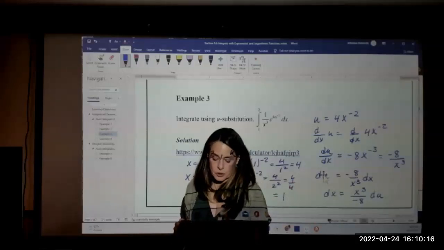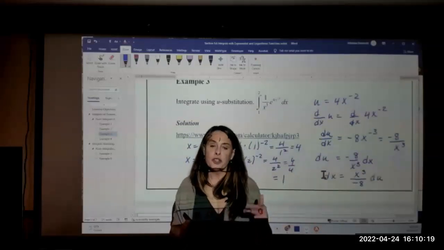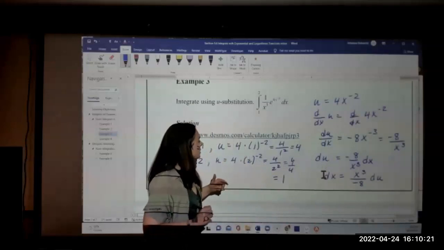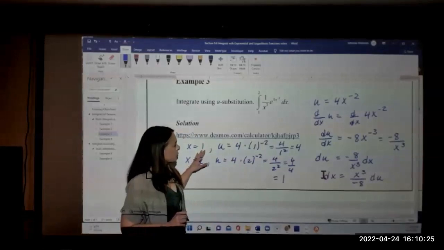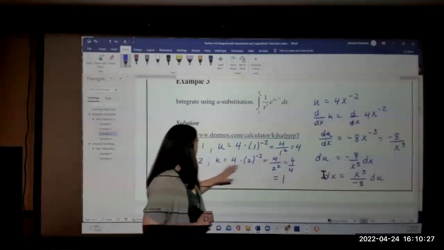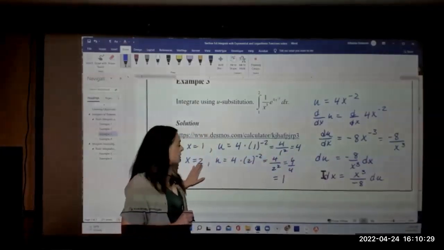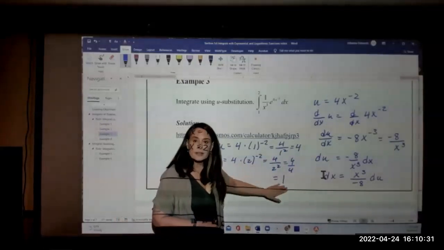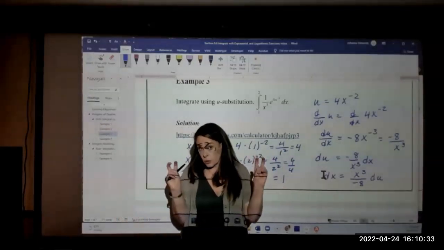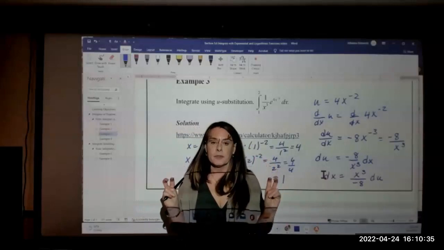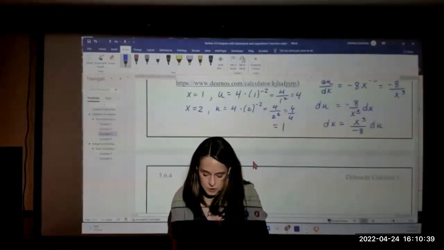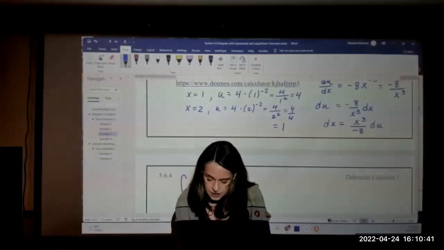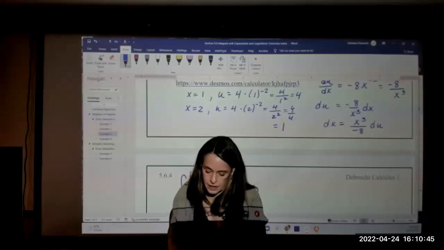Now that I have new limits of integration, make sure that you put them in the correct locations. We're replacing the lower limit of integration 1 with 4 and the upper limit of integration 2 with 1. Yes, it's backwards, but that's the correct substitution. Now we're going to go ahead and make the substitutions here. This leads to the integral from u equals 4 to u equals 1.